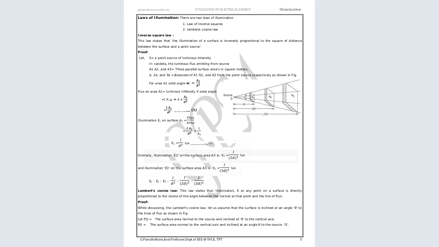So, discussing Lambert's cosine law, let us assume that the surface is inclined at an angle theta to the line of the flux as shown in the figure. Let PQ be the surface area normal to the source, inclined at theta to the vertical axis, and RS the surface area normal to the vertical axis and inclined at an angle theta to the source.